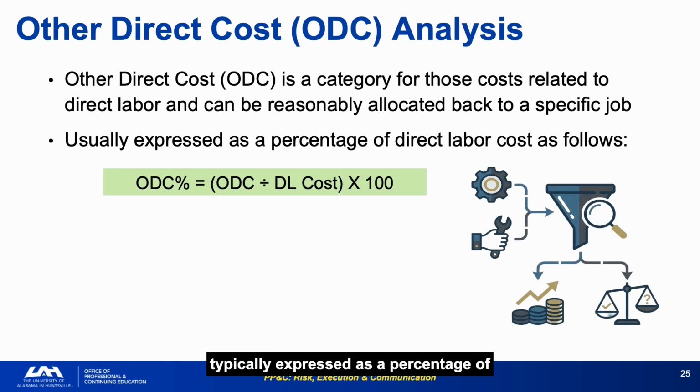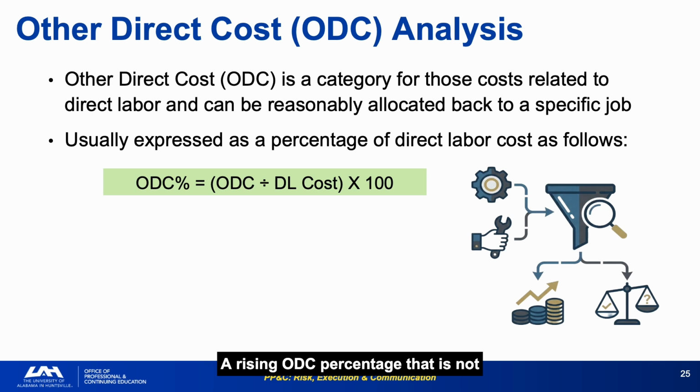ODC is typically expressed as a percentage of direct labor cost, which provides a stable benchmark for comparison across periods, contractors, and contract phases. The EVM system cost, if the contract requires one, sometimes appears in ODC because it cannot be allocated to a single direct labor category. Know where it sits on your specific contract.